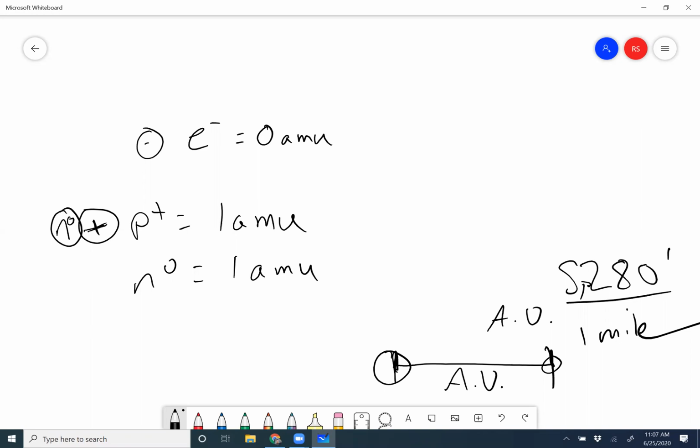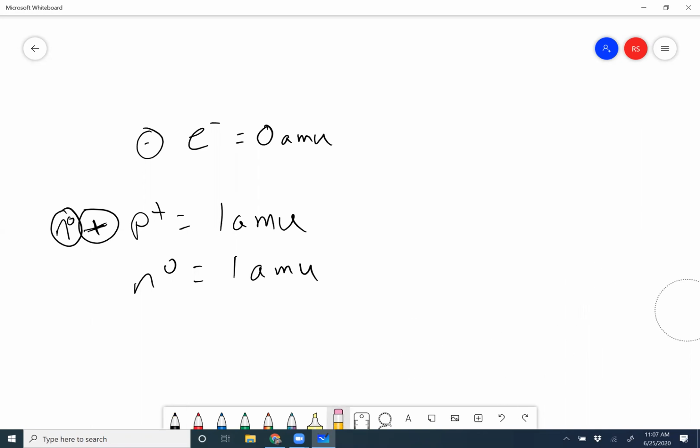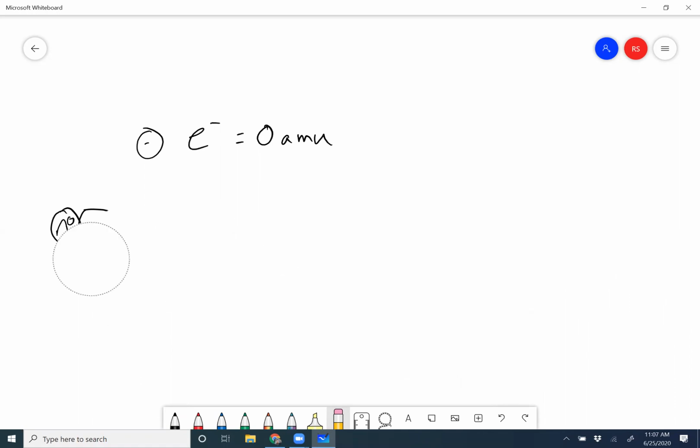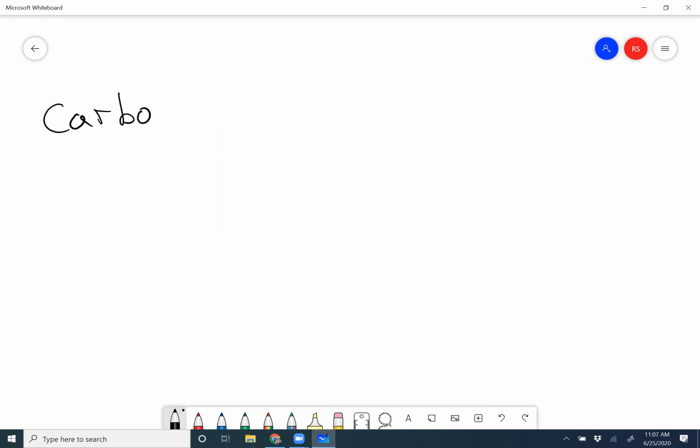So then if you're looking at an atom, and they're talking about how many protons, neutrons, electrons it has, if they write it like this, like 13, this is your atomic mass. They might also write it like this, where the top one is your atomic mass and the bottom one is your atomic number.